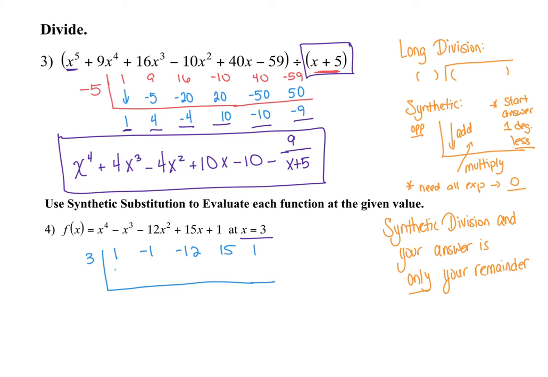I'm going to add down, and I'm going to multiply up. So this process is exactly the same, but it wants to know technically what happens when I plug in a 3 to this polynomial. And so the answer here is just -8.